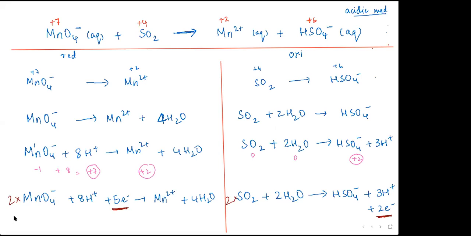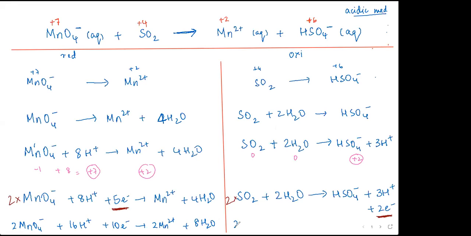So if I do it into 2 here, I get 2 MnO4 minus plus 16H plus 10 electrons gives 2 Mn2 plus 8 H2O.